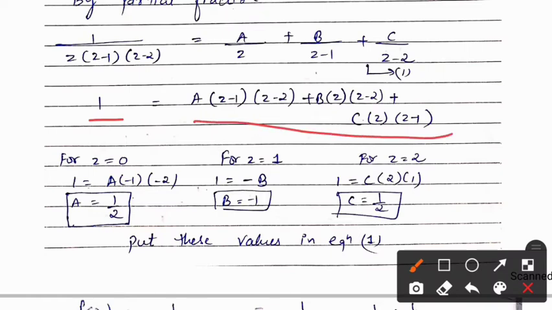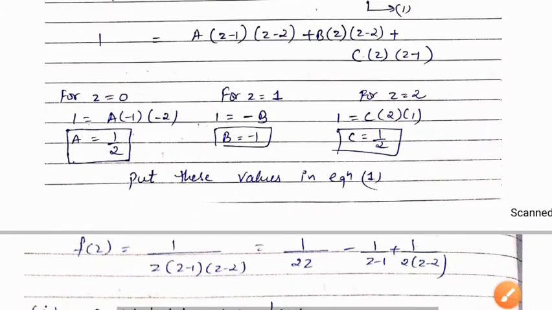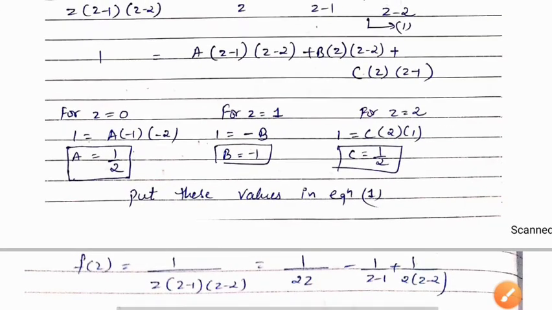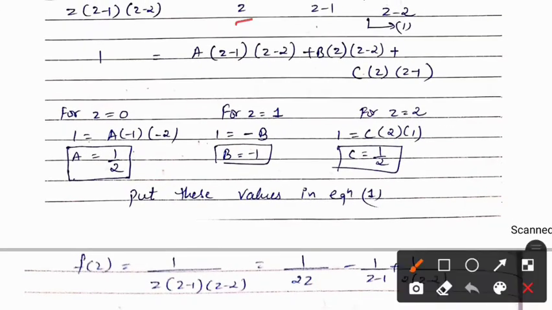Now I have to find the values of a, b and c. So what will be my next step? To find the values of a, b and c, I will start putting different values of z. See here, we have only z in the denominator, so I will first put z equal to 0 in this equation.